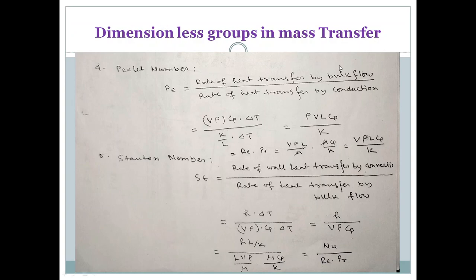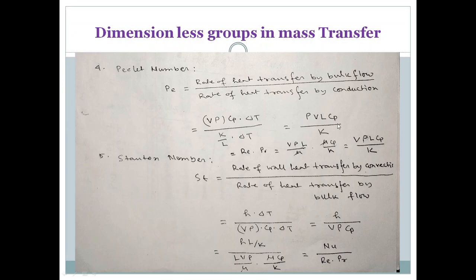So what is the bulk flow? V into rho, that is m dot, mass flow rate, into Cp into delta T. This is the heat carried by the fluid, per unit area, and conduction is k by L delta T. So it will cancel to rho V L Cp by k.